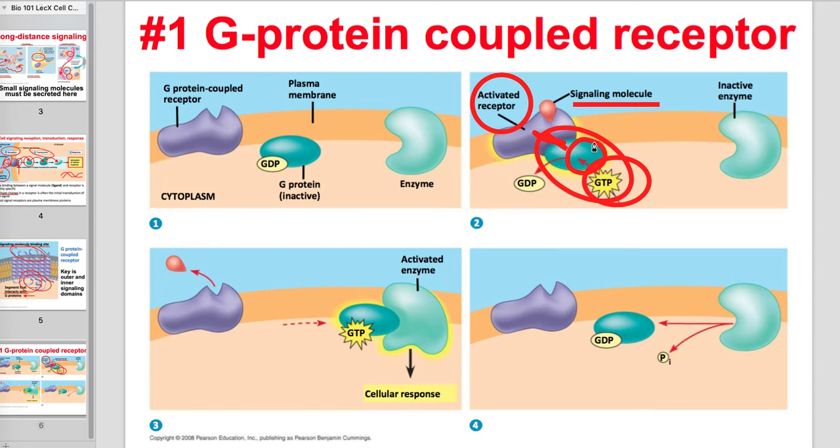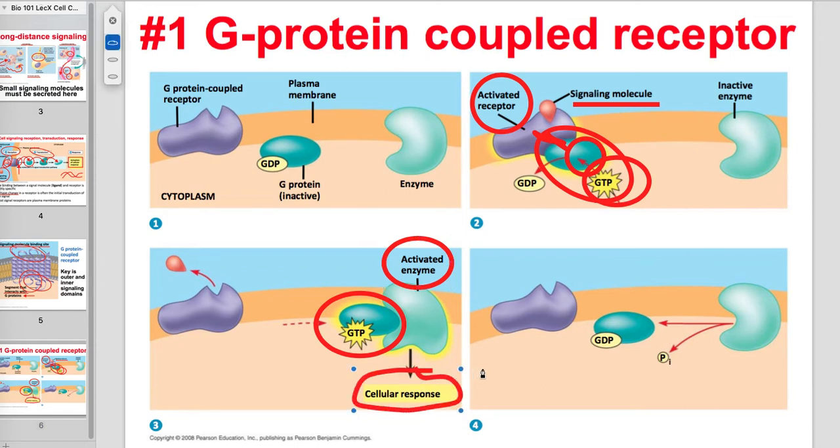The GTP-activated protein, which has basically just been turned on, now goes and activates another relay enzyme. This enzyme goes on, a cascade forms, and a cell response will eventually happen. Some kind of DNA will change. Once this is all over, we just return to the basic off state that we were always at.